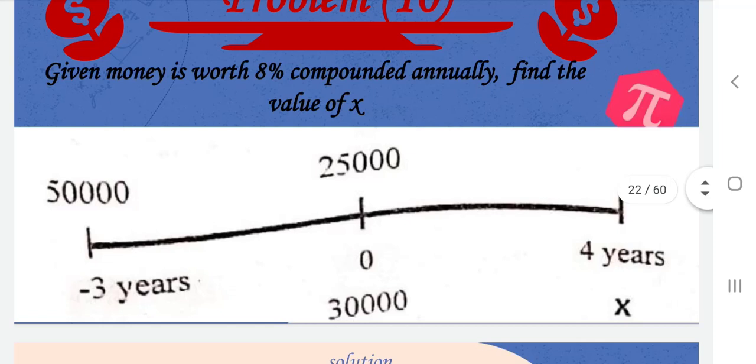By another way, the future value for O1 and the future value for O2 equal the future value for N1 plus N2.